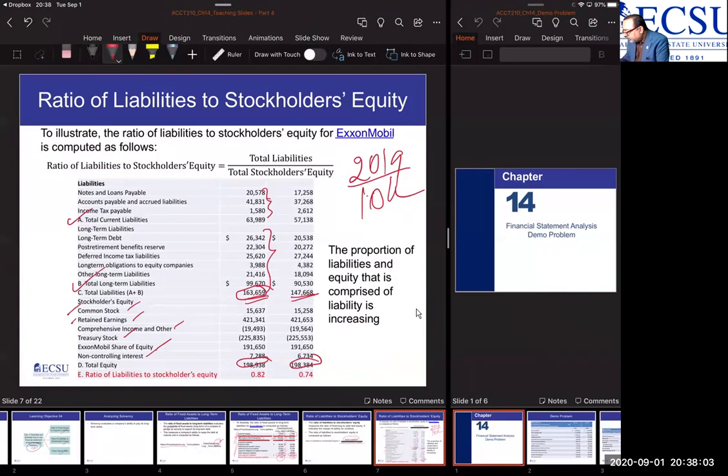And then comprehensive income and other elements are additional income or non-operating income or adjustments for prior periods and things like that. So that's a negative amount here. And treasury stock is basically the stock that you have purchased yourself of your own company. In other words, you have issued the stock to the stockholders, and some of it you're buying yourself.